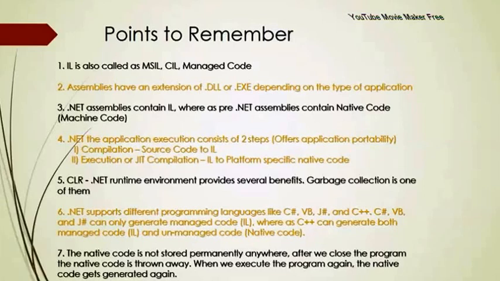In .NET, the application execution consists of two steps, which also offers portability: compilation, source code to IL, and the second step is execution or JIT, just-in-time compilation.